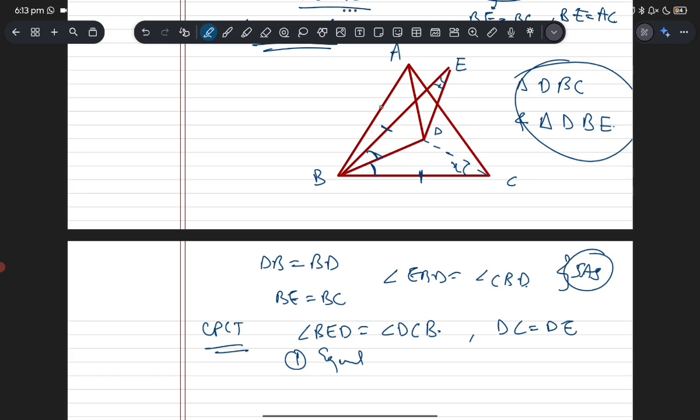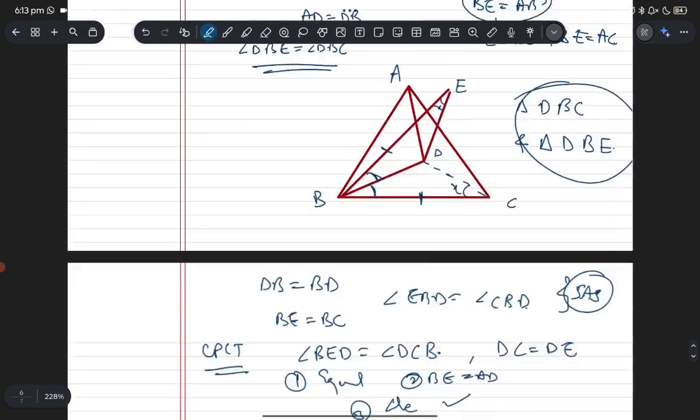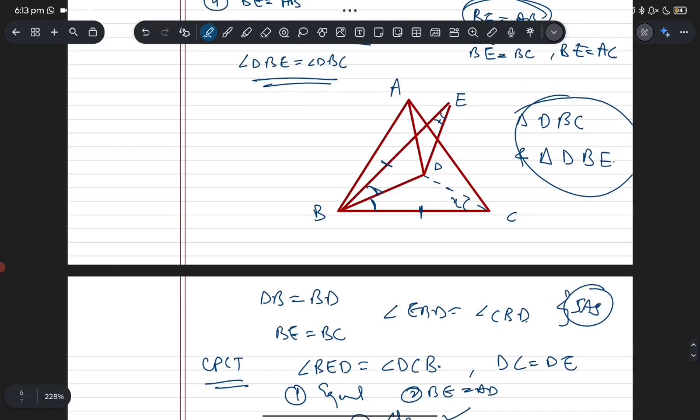This being equal to this. BE equals to AB. We have also used that. Third information was this angle is equal to this. We have used that as well. There was one fourth thing, that was AD is equal to DB. Let me just bring the diagram.